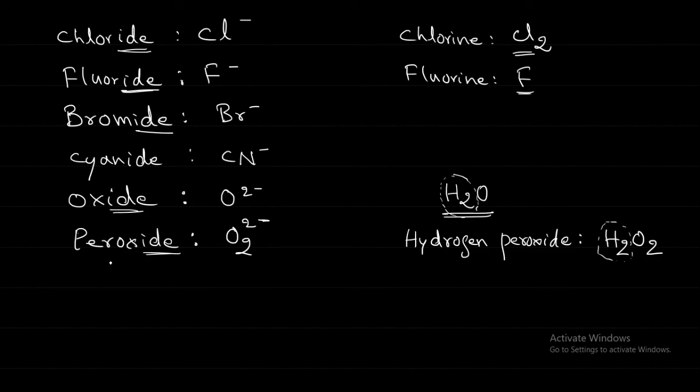Now here acetate, CH3COO minus. Two carbons are there. In organic chemistry, in your coming classes you will learn more about that.